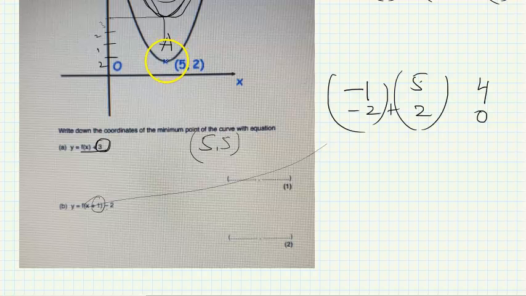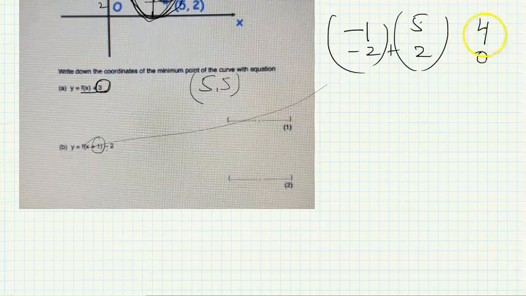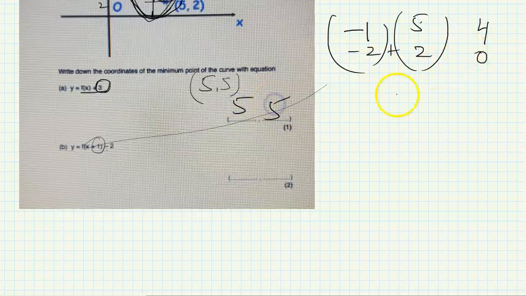Minus 1 means it is moving 1 in this direction. So this is 4. And minus 2 means this graph will come here. So this shape is going to be. That's how we write the combinations of the graph. So this answer is going to be 5, 5 and this is going to be 4, 0.